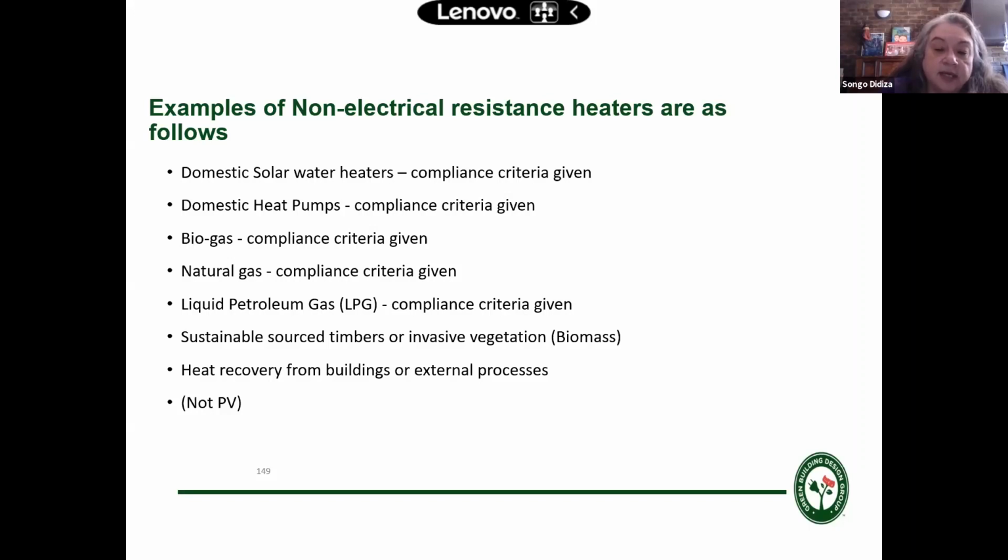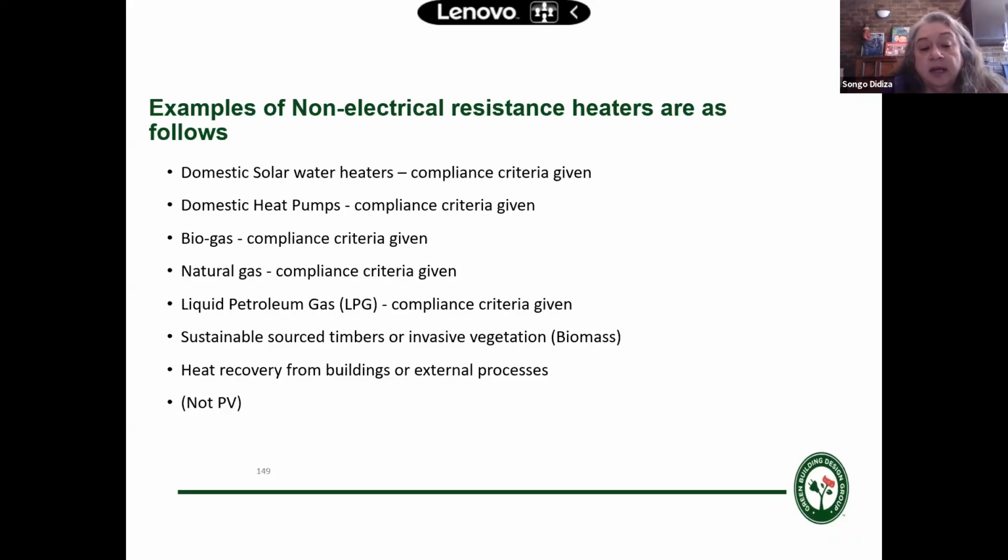So instead of just letting that hot air go out into the atmosphere, as the air conditioning system cools down the building, they use that hot air that comes off as the heat exchange to heat the water. And that's why often in gyms you'll find that they don't run out of hot water, because they're using the aircon system to heat it. So that's an example of heat recovery from an external process. It's just so that you know.